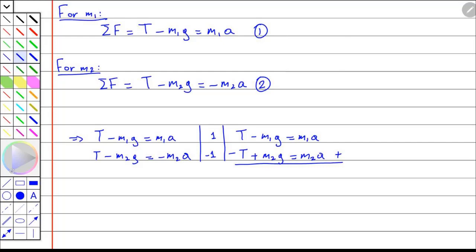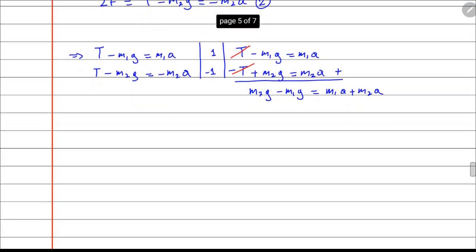So this is exactly the reason why the methodology is called opposite coefficient method, because now by adding these two equations together, the tension is eliminated. And we are left with M2G minus M1G equals M1A plus M2A. So we're getting closer now.